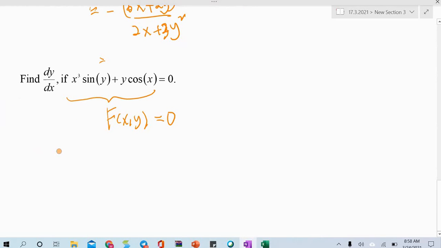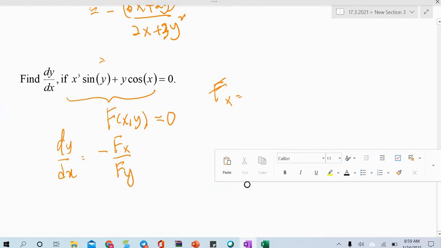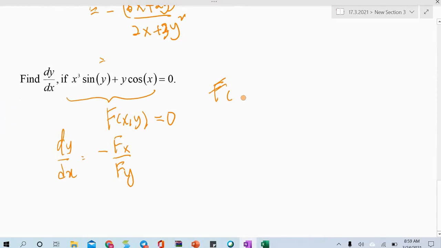So to find dy/dx, the formula will be negative fx over fy. F is x cubed sine y plus y cosine x.